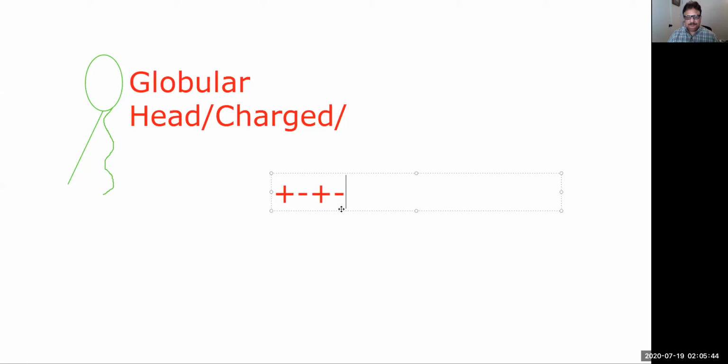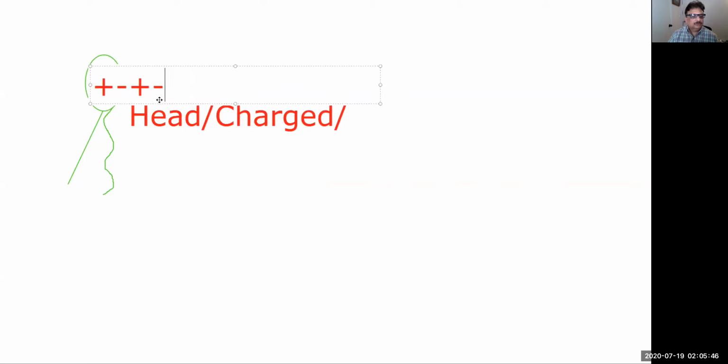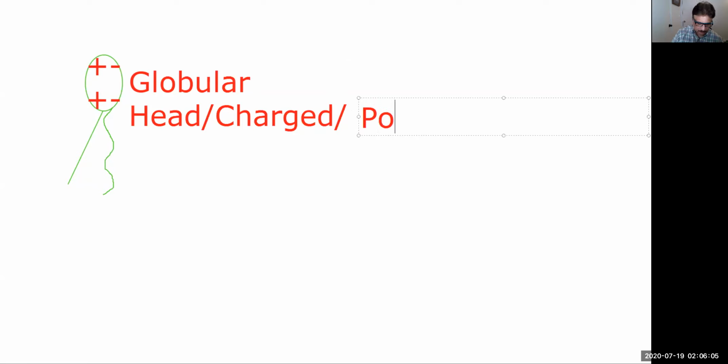So this globular head could be charged by the presence of positive or negative charges. So this is also called polar, and they love water, so it's called hydrophilic.